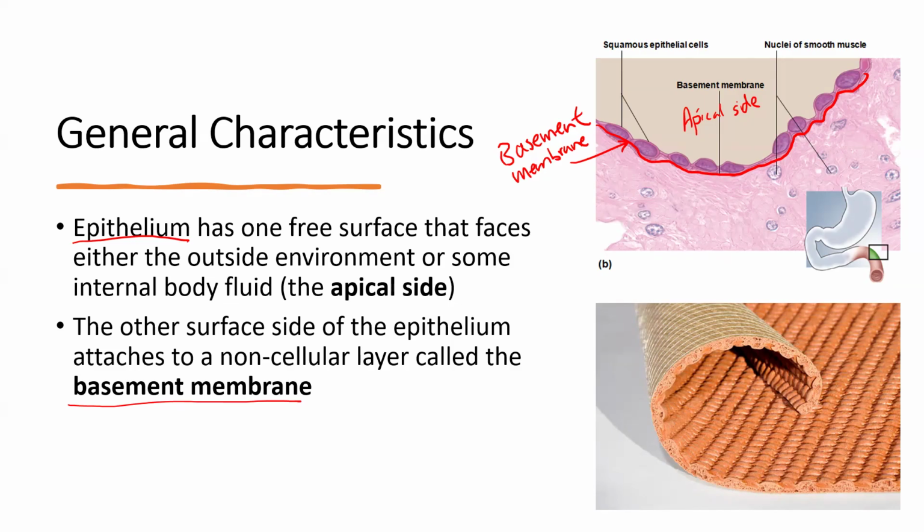Okay. So all epithelial tissue, all epithelium, is going to have these particular characteristics. The basement membrane is like the back of the carpet, and the exposed surface, once again, would be the apical side.